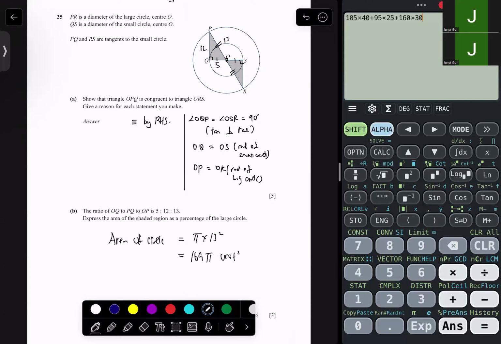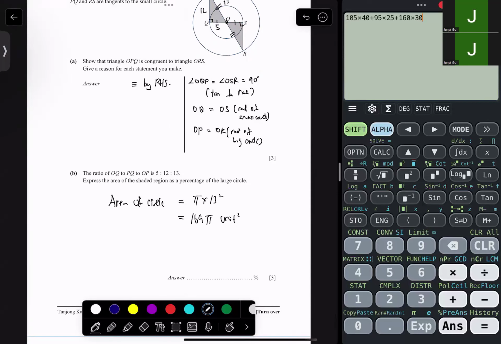Okay, now what is the shaded? So this is the total circle. The shaded would then be half times 12 times 5, then times 2. So that is 60 centimeters squared.